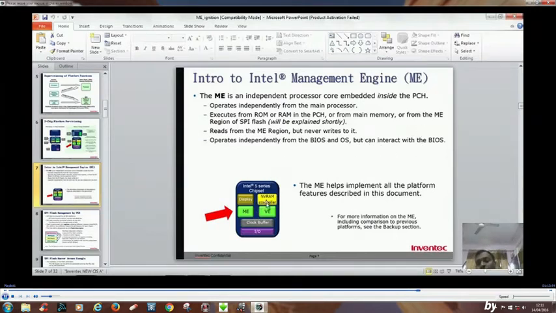So this is a very important thing: the AMI management engine is a kind of processor core embedded inside the chipset. It can read from three regions. What are the regions? It can read from the RAM or ROM present inside the chipset, or from the external RAM, or from the AMI region present in the BIOS chip.